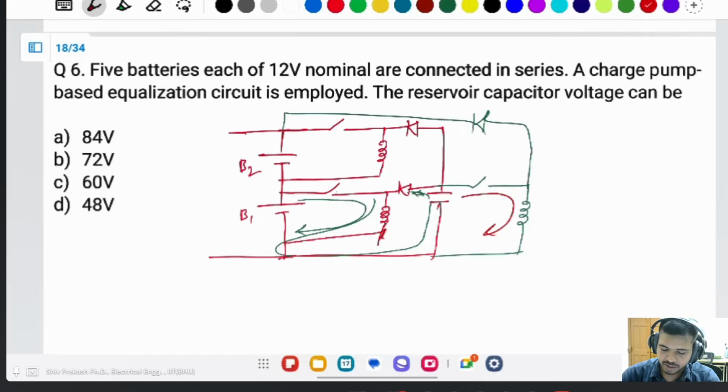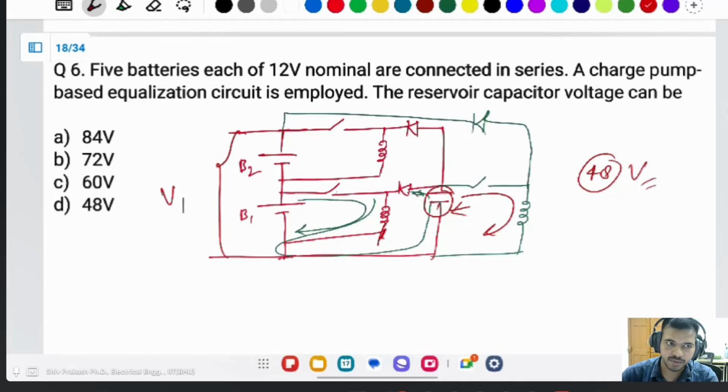That's why this capacitor voltage should be below the rated battery voltage spike. If this battery voltage spike is V1, then because this is used, the capacitor voltage can be the same as or lower than this one. You can use the pack voltage, capacitor voltage.